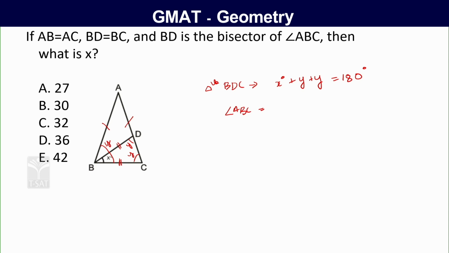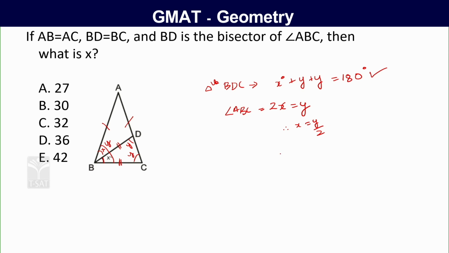That means that if this is x, this small angle will also be x because this is bisecting, so it is equal. Angle ABC is equal to 2x, that is equal to y. We determined that these angles are equal because AB is equal to AC. Therefore, x is equal to y by 2.